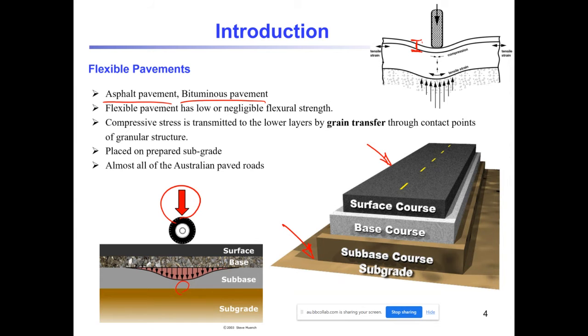Again, we distribute the load. Then we use subbase layer. And eventually you can see that when the load reaches to the subgrade level, it is almost a uniform load with a low magnitude, right? So eventually this value should be acceptable and the level of pressure should be less than the strength of the subgrade.